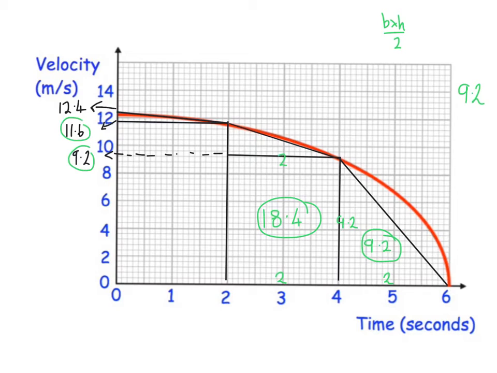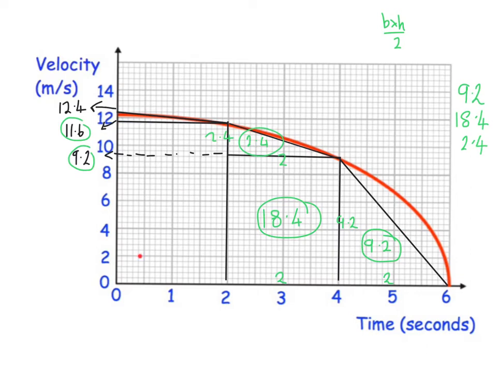So I'm just going to work that out. 11.6 take away 9.2 is 2.4. Area of a triangle, base times height divided by 2. 2 times 2.4 divided by 2, we're going to end up with 2.4. So let's put those numbers down: 18.4 and 2.4. So that's all our areas so far.